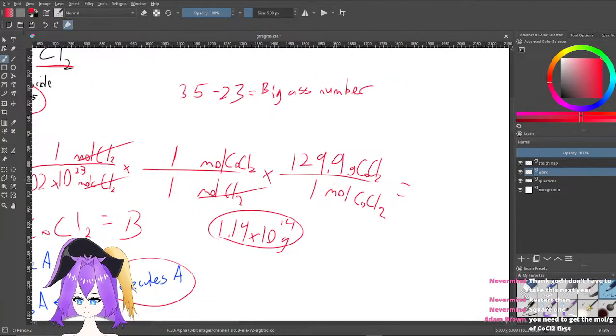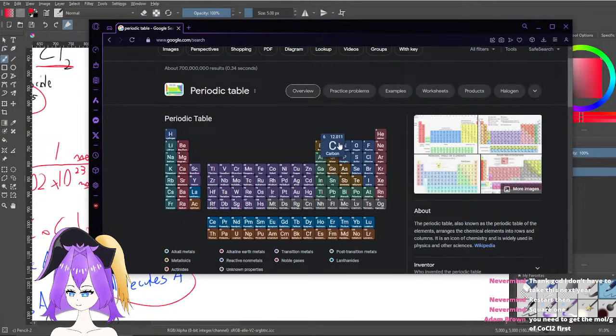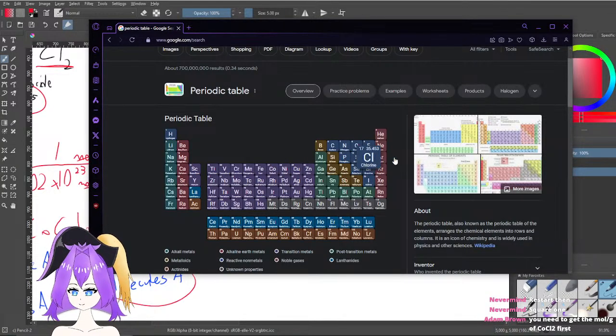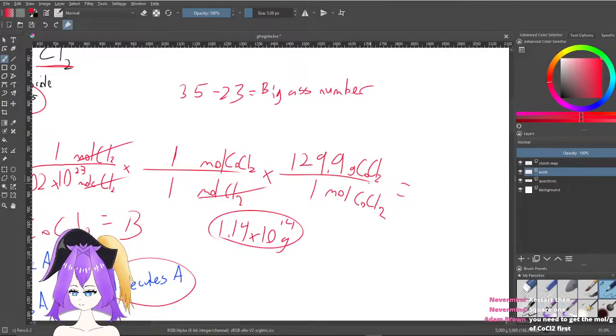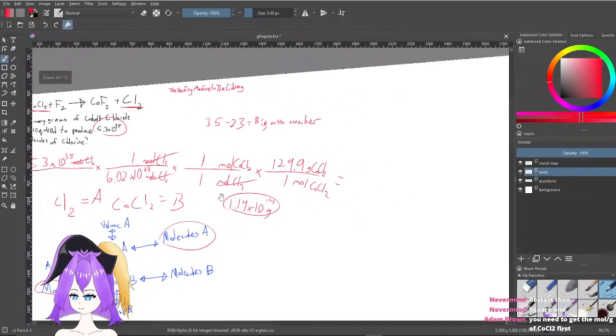The molar mass of cobalt chloride is 129.9, because cobalt is 58.9 plus 2 chlorines gives you 129.9 grams of cobalt chloride. So I do have the molar mass.